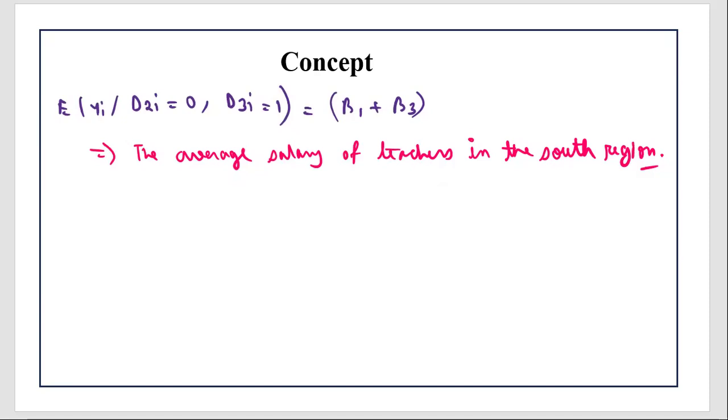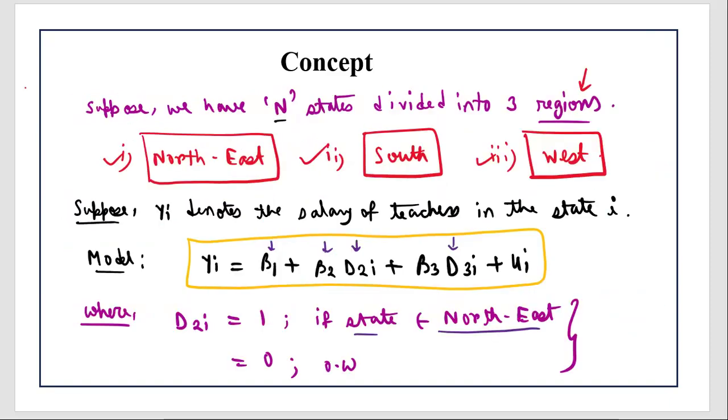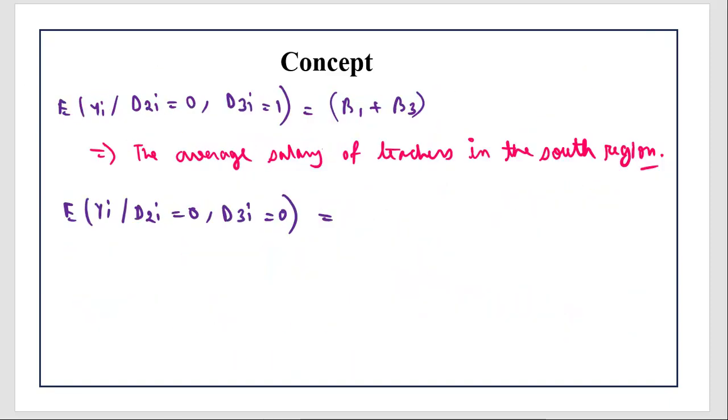Right? This is done. Now there is a third thing. Expected value of yi. Suppose both the values are 0. What will be this expression then? If you look from the model itself, it will only come out to be beta 1.